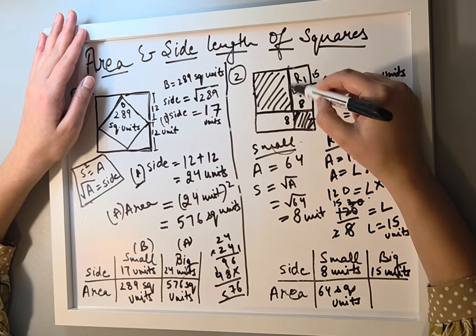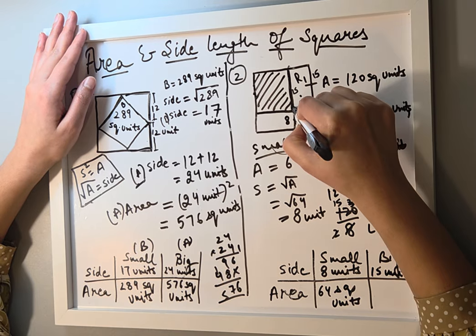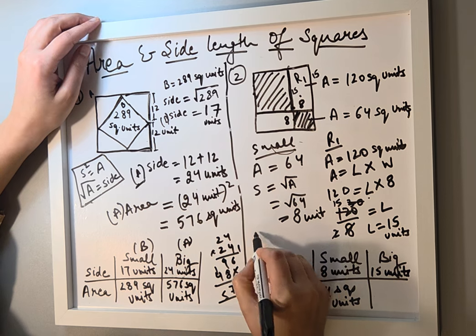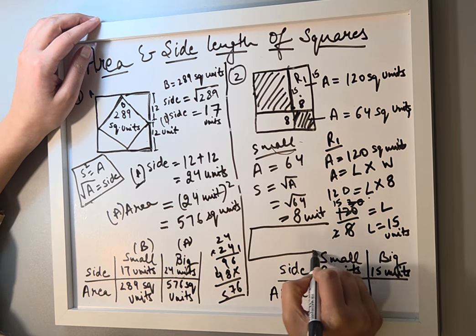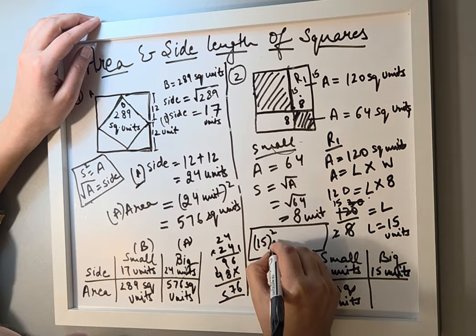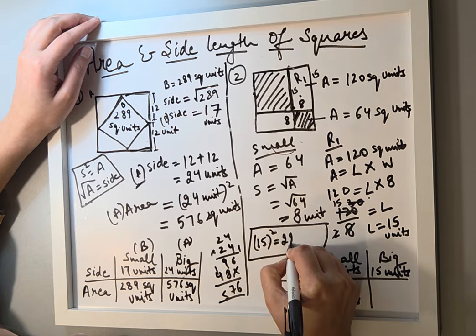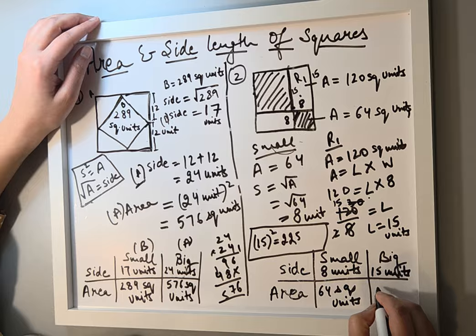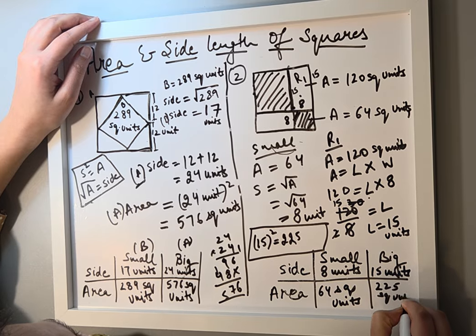Now when we know the side of a square, the area is simple. We simply have to take the square of the side. So 15 squared is 225, so it will be 225 square units.